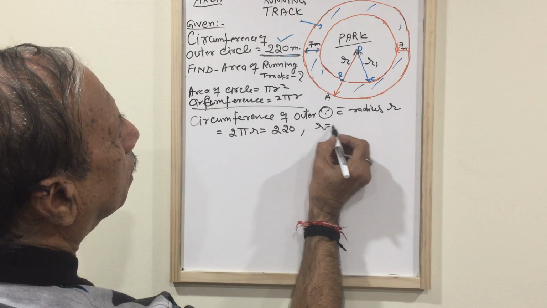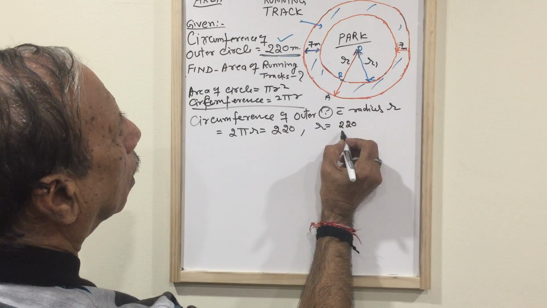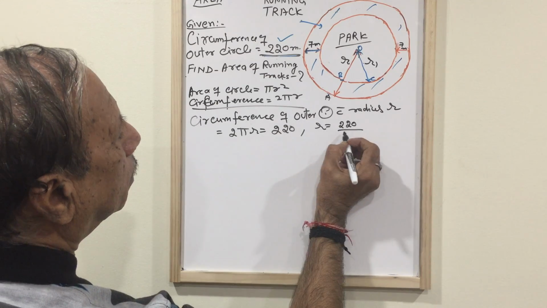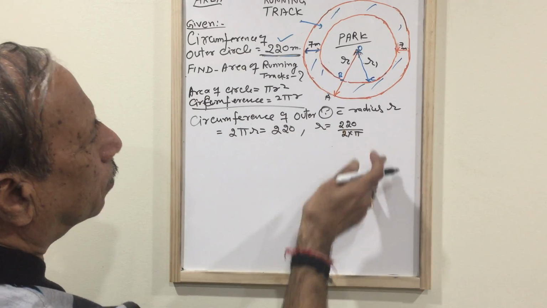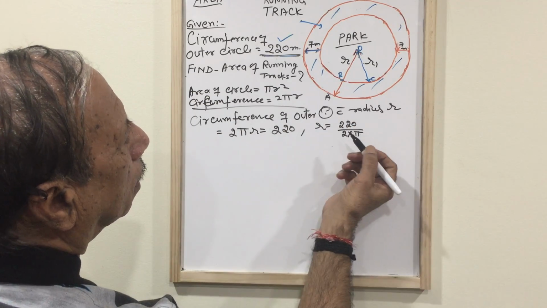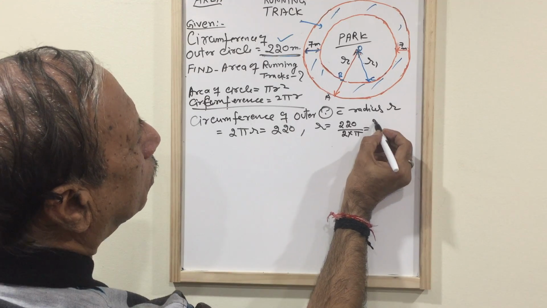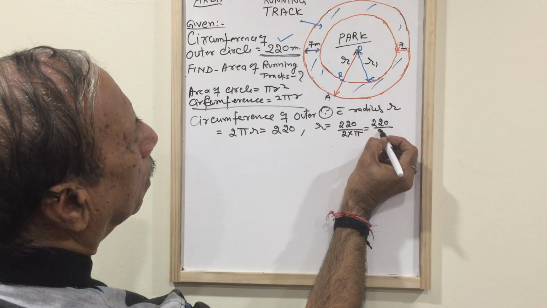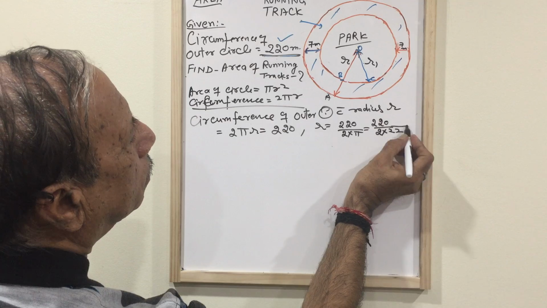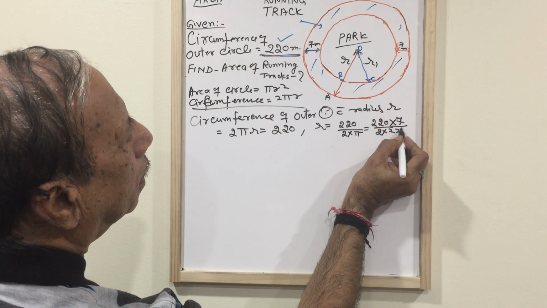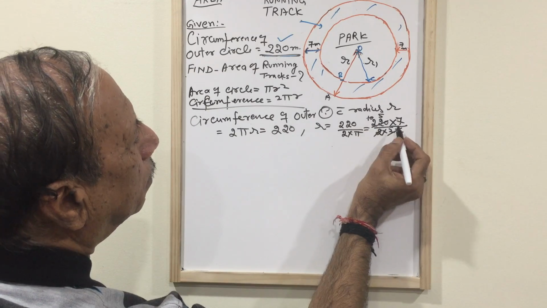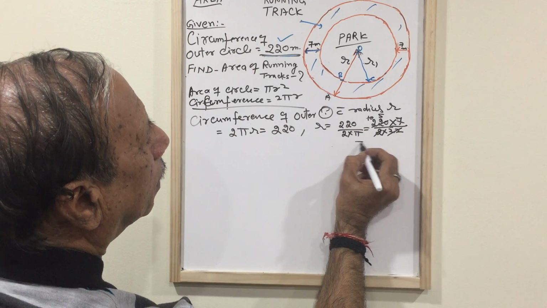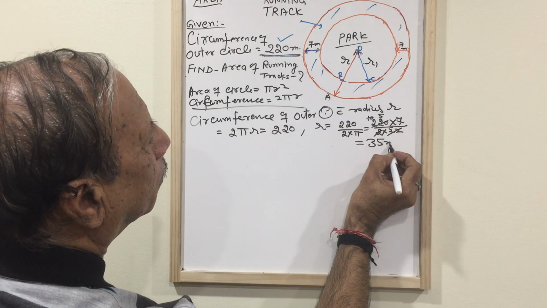From here r is equal to 220 over 2 pi, because when we go to the other side it will come in the denominator. We'll substitute the value. 2 pi value is 22 over 7, 7 comes here, we will cross multiply, and it will become 35 meter.